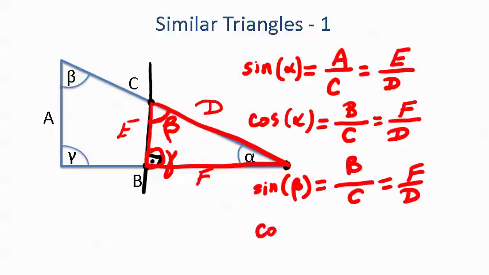The cosine of beta will be equal to the near perpendicular divided by the hypotenuse, and we apply these to both triangles.